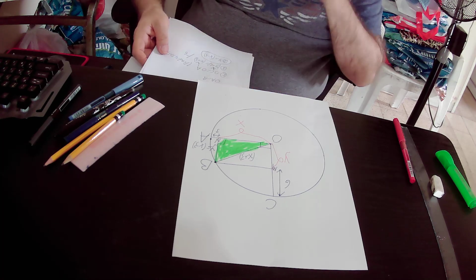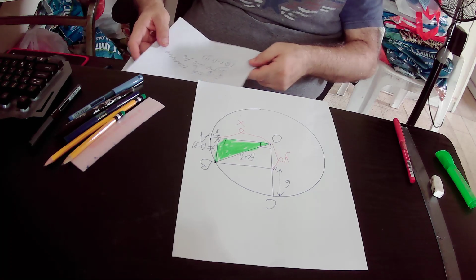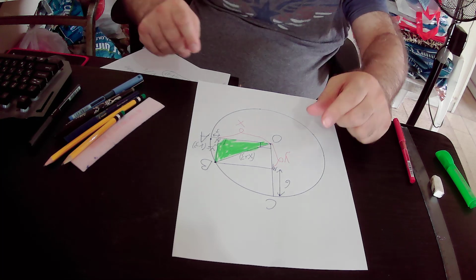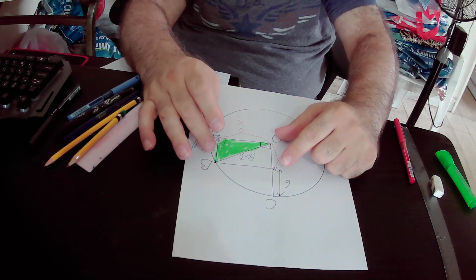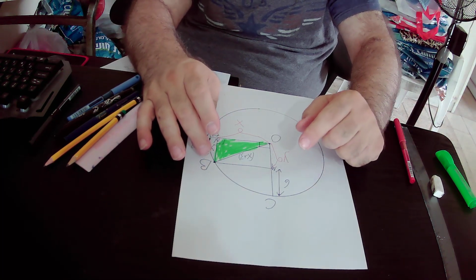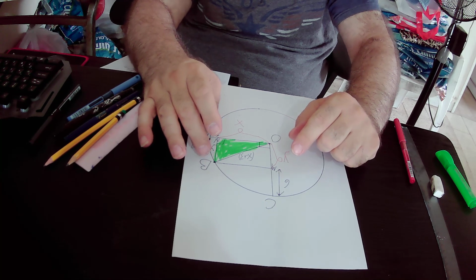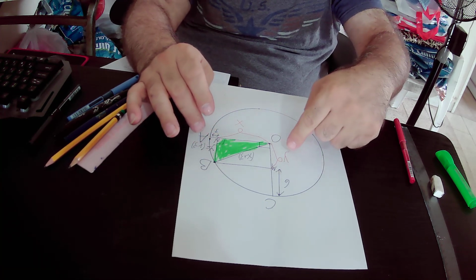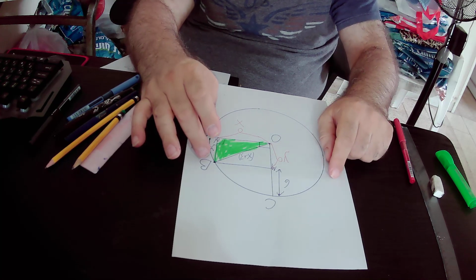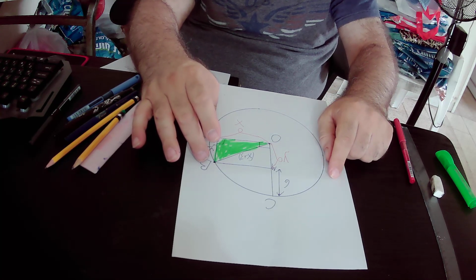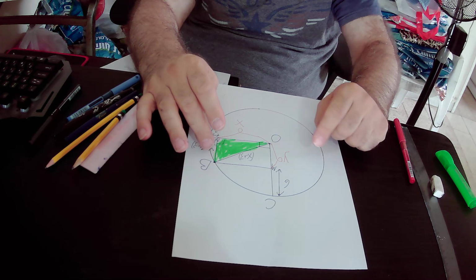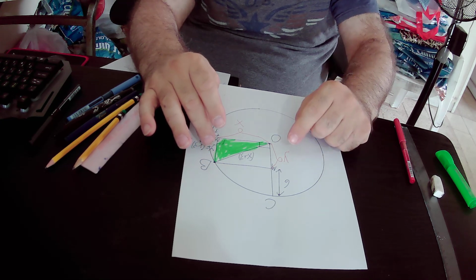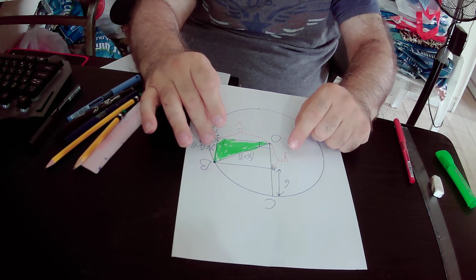Okay, y equals x minus 3, but inside the circle we have this rectangle, and in any rectangle the parallel sides are equal to each other. So if OM equals y, then side NB of the rectangle will also be equal to y, because in a rectangle the parallel sides are equal to each other.